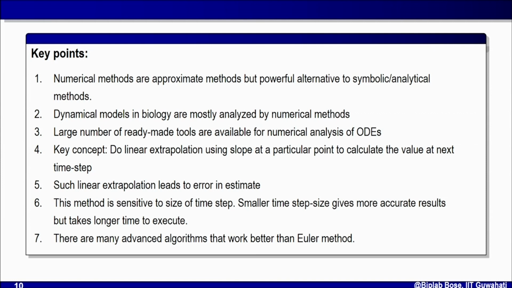We have seen that these are very easy to implement. Even in Microsoft Excel you can implement this one. We have observed that this method is sensitive to the step size, or the increment in time that you take, that is delta t. If you take very large delta t, you will have error in your calculation. If you take small delta t, your computation time will increase.